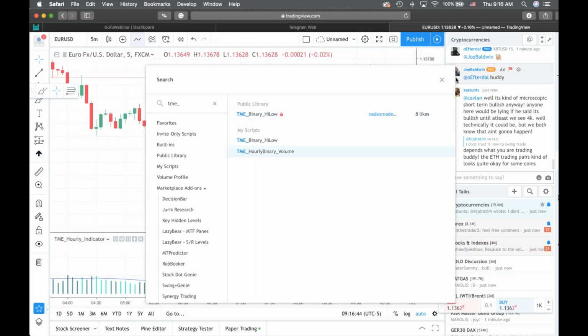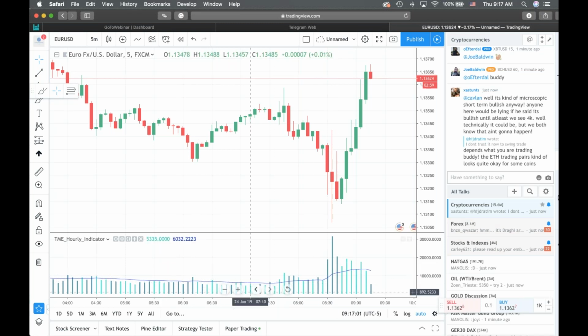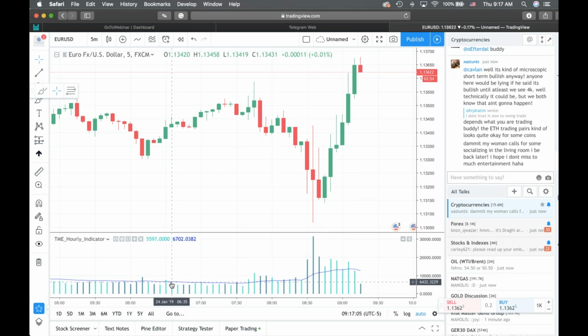If you click on it, it will open this oscillator, which is built of volume bars. Each bar is a 5 minute volume bar, and this blue line, not sure if you can see it, is the moving average line.